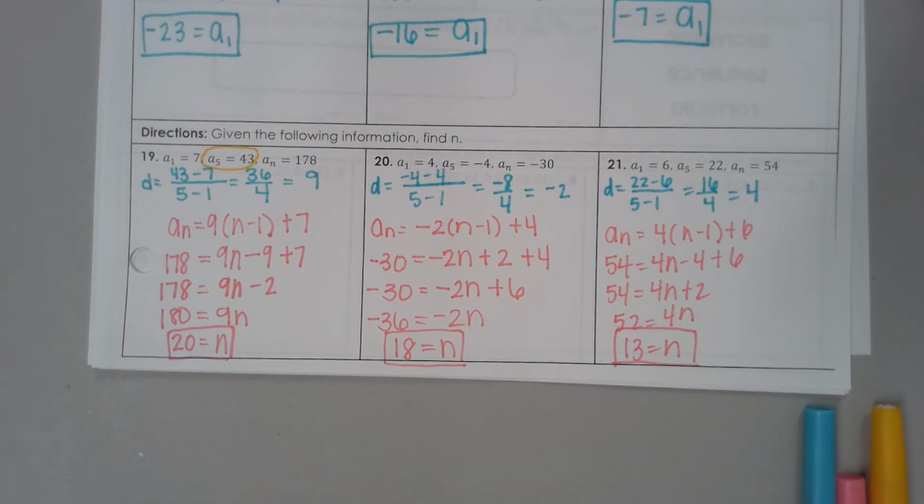To write a formula, you've got to have a common difference, you've got to have the first term. And sometimes it's just playing around with what you have to see what you can figure out. Because sometimes you might have to find the first term before you can find something else. So it's kind of like a puzzle. You kind of got to go through the paths to find each missing piece. And we'll do some more practice with these types of questions, not tomorrow, next week.